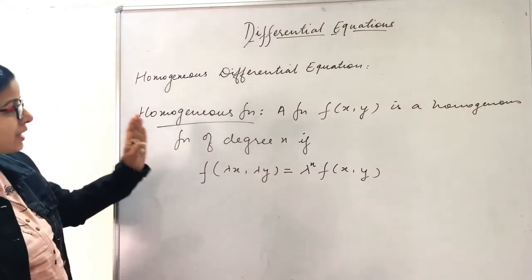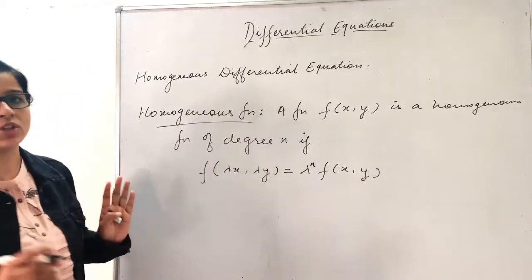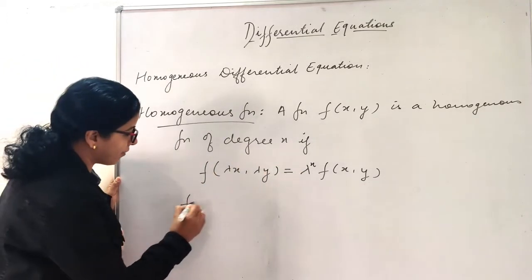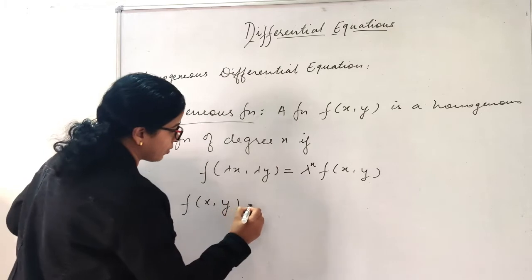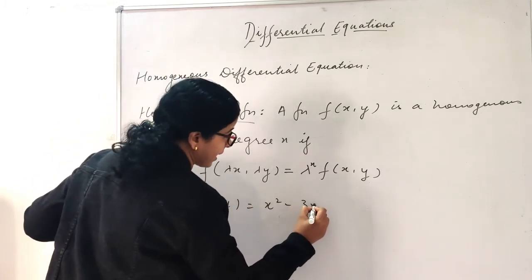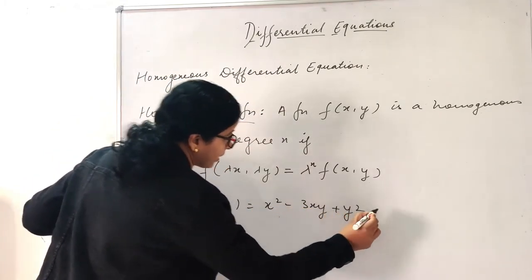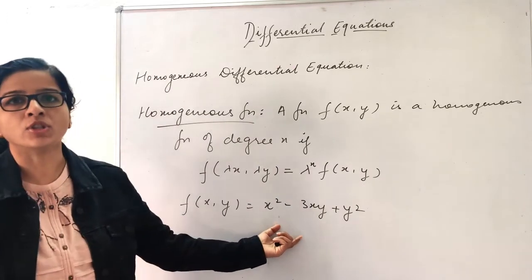So this kind of function will be a homogeneous function. Let us check it. Say for example, I have f(x, y) equals x square minus 3xy plus y square. Now I have to check whether it is a homogeneous function or not.